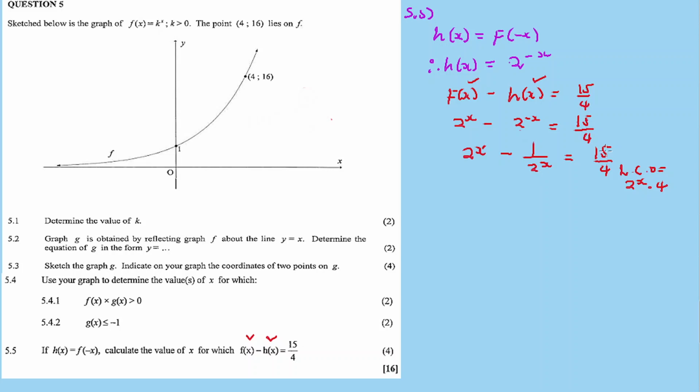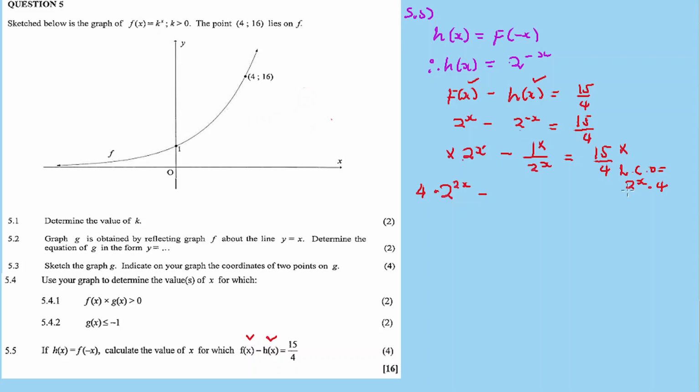I take my LCD and multiply each term in this equation by it. Multiplying, we get 2 raised to exponent 2x, because 2 raised to exponent x times 2 raised to exponent x gives 2 raised to 2x, since x plus x gives 2x, and then times 4.